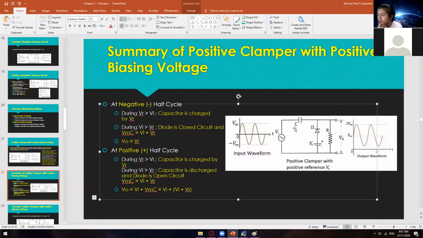but we'll have a positive and negative here. It will be charged positively and then it will be discharged negatively. And that is at the point where in positive is greater than.